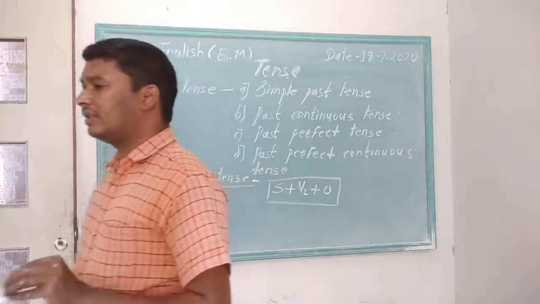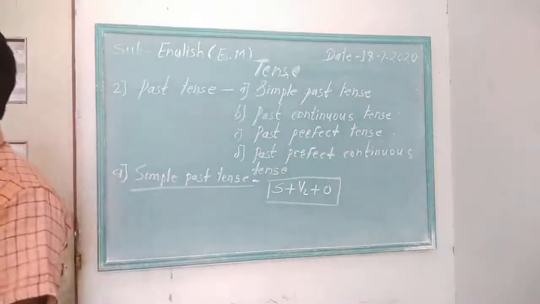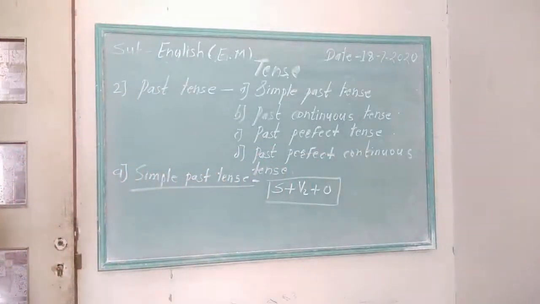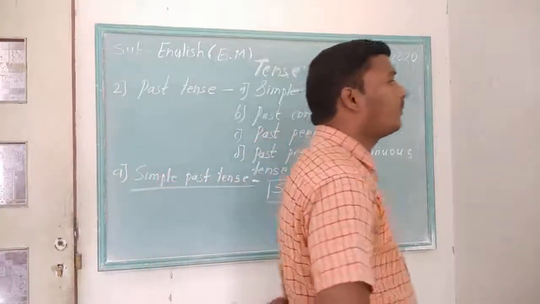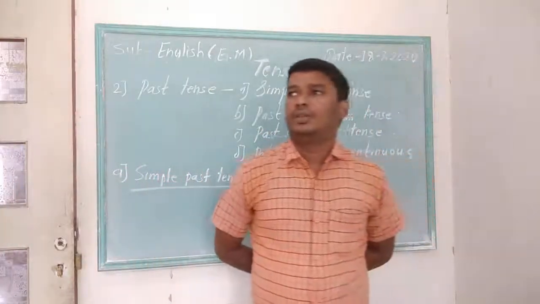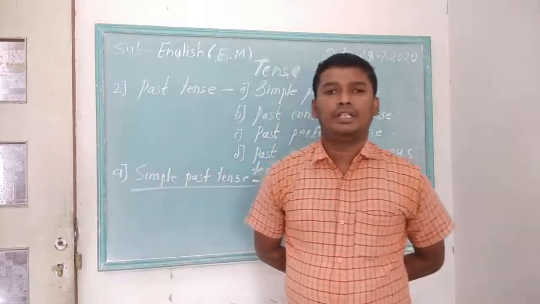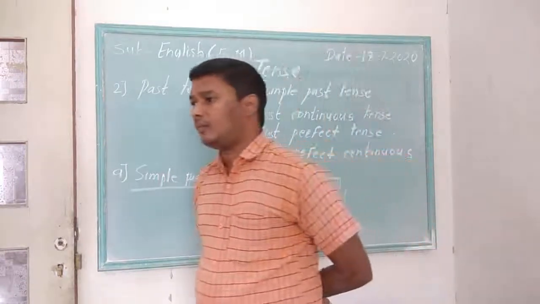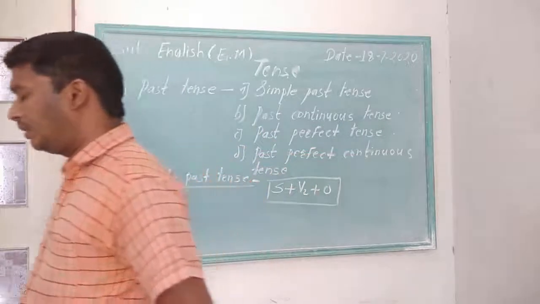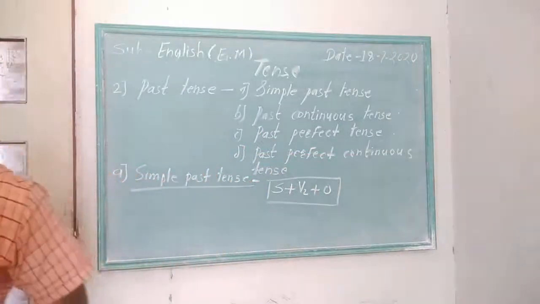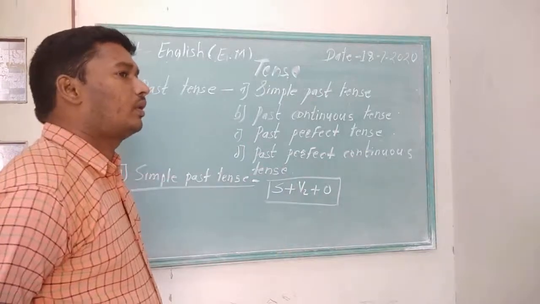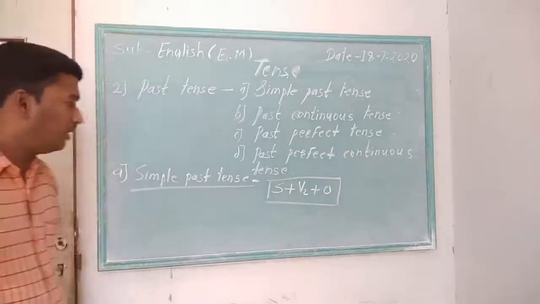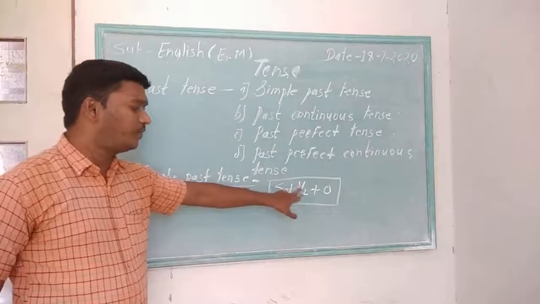This tense is used to express such action which has already been completed in the past. Full stop. Now, after that information, take this structure: S plus V2 plus O.